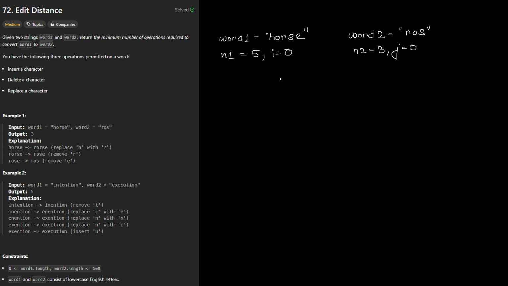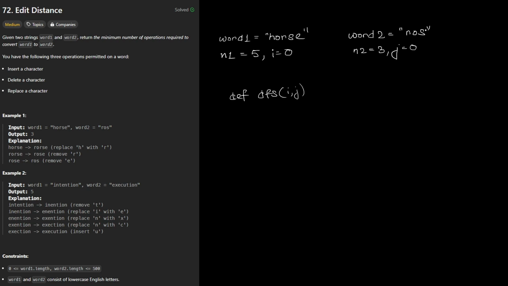Now, the thing to understand is what would be the base condition. It is important to understand the base condition, because if my i value goes to the last one, so let's say I create a function called dfs over i and j.